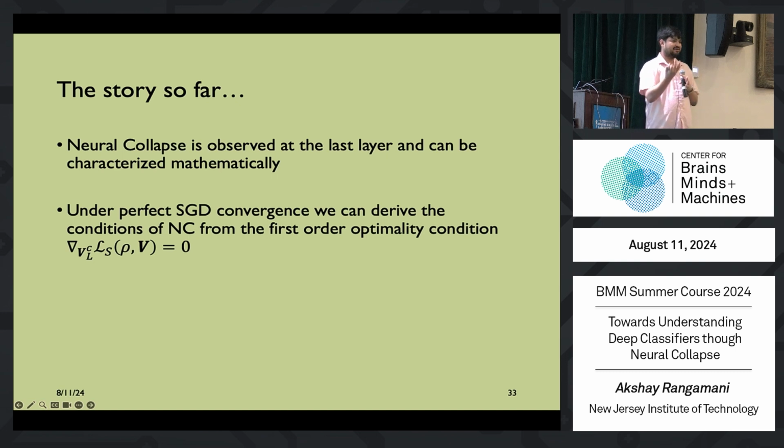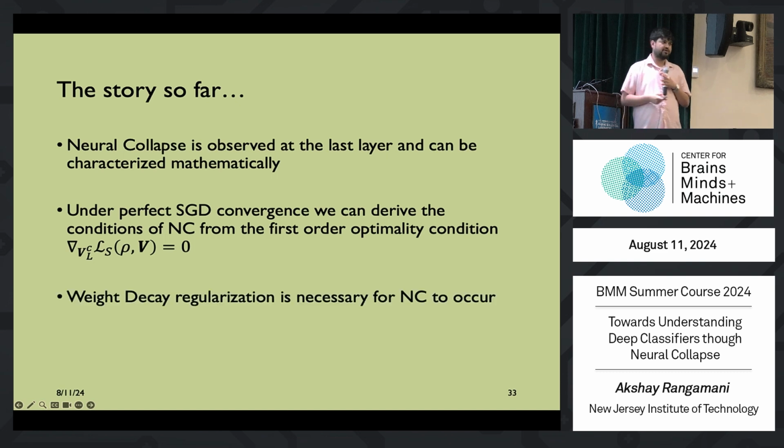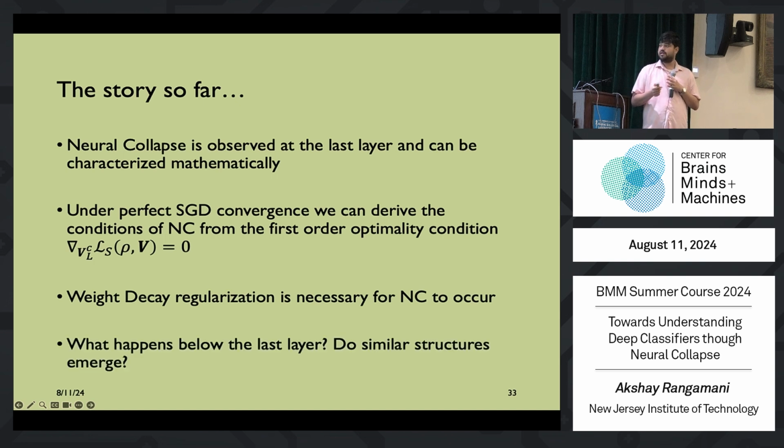You never actually exactly converge during SGD, so this theorem is not meant to say this is guaranteed to happen all the time, but it's more useful as the limiting object towards which your deep network is going to go if you use SGD with weight decay. So weight decay regularization is necessary.